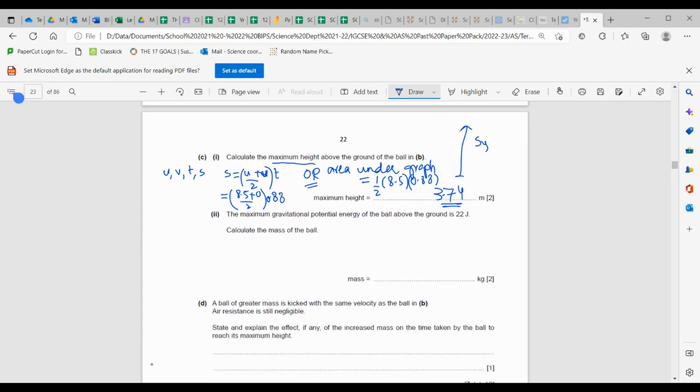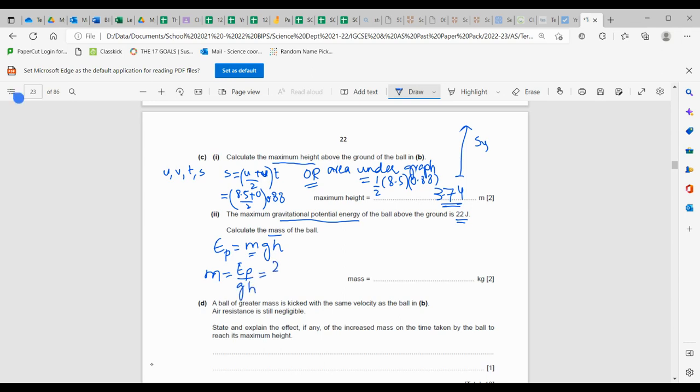Okay. Next part, the maximum gravitational potential energy of the ball above the ground is 22 joules, mass of the ball. So, gravitational potential energy, from previously studying work, energy and power, we know it is equal to mgh. We are interested in finding the mass, so I will rearrange the equation, making mass my subject, and that leaves my equation to look like gravitational potential energy over g into h.